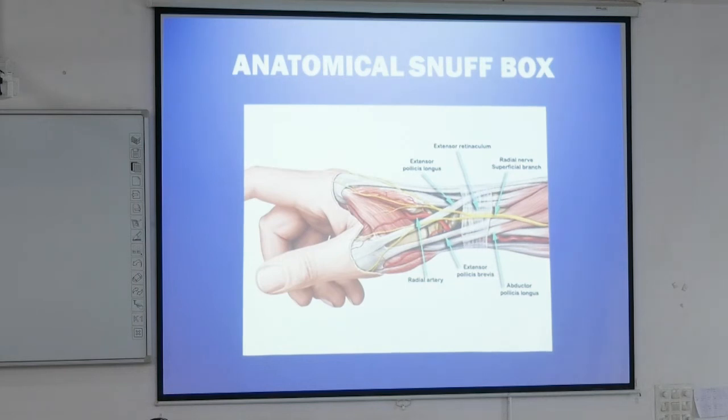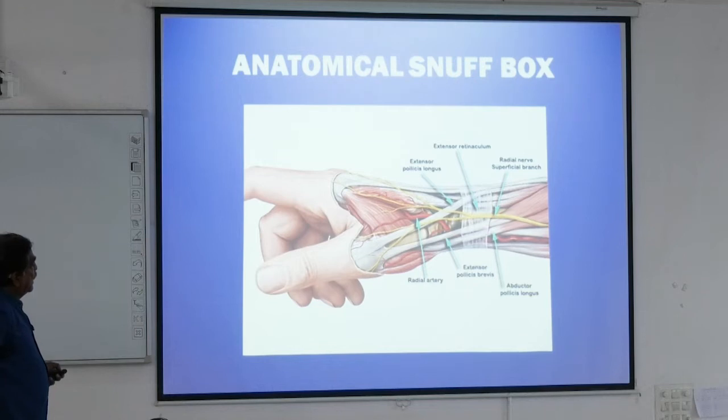This is another beautiful picture showing you the extensor pollicis longus tendon, the extensor pollicis brevis. This is the radial artery branch and abductor pollicis longus. This is the superficial branch of the radial nerve.